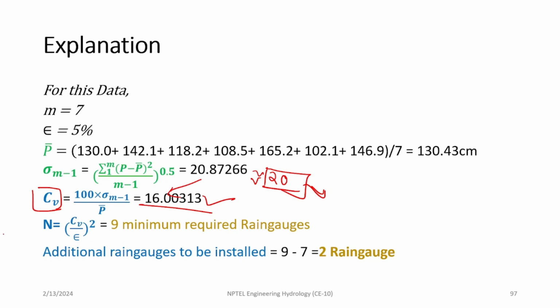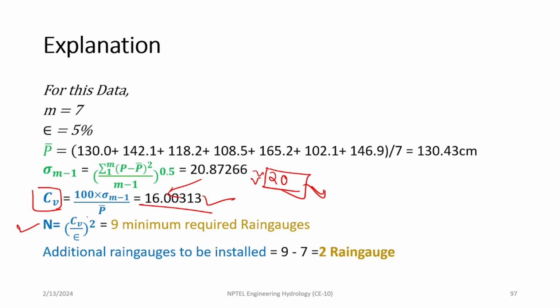Now you can compute the n value also. The n value is CV square divided by... No, CV upon E. Firstly calculate CV upon E, then take the square of that value. E is 5%.